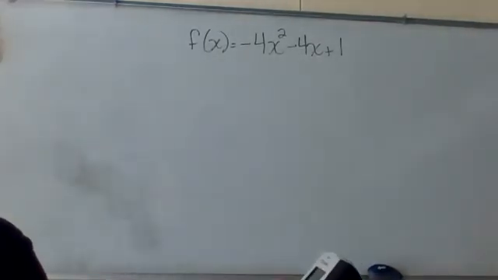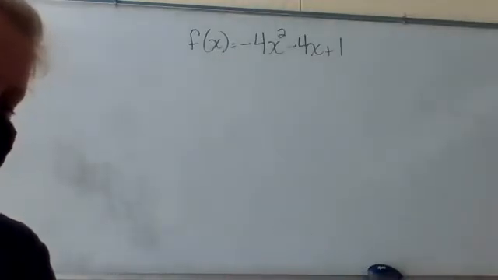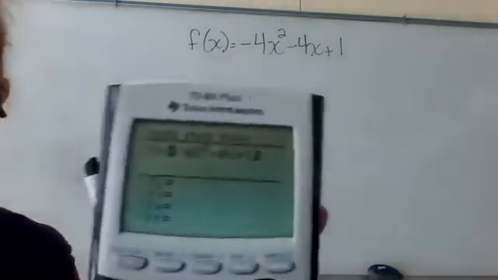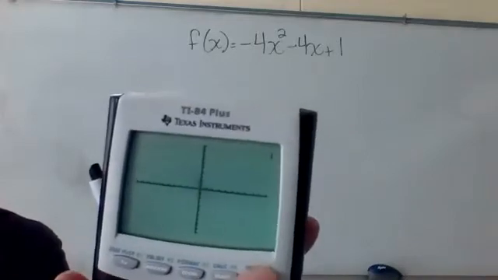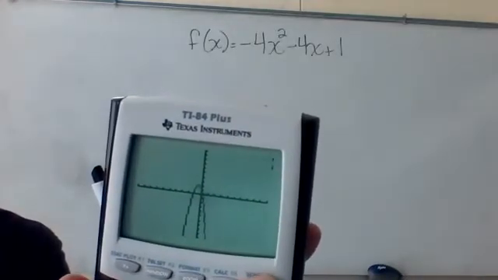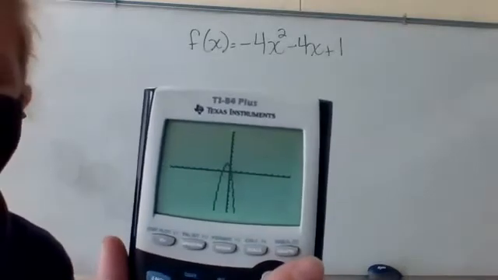So negative 4x squared minus 4x plus 1 in my y equals. I'm going to graph it. Just like we knew was going to happen, it flipped my parabola upside down.